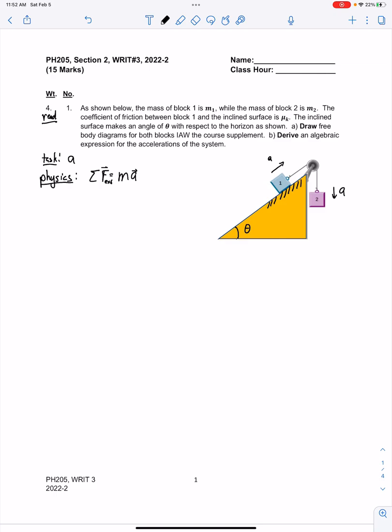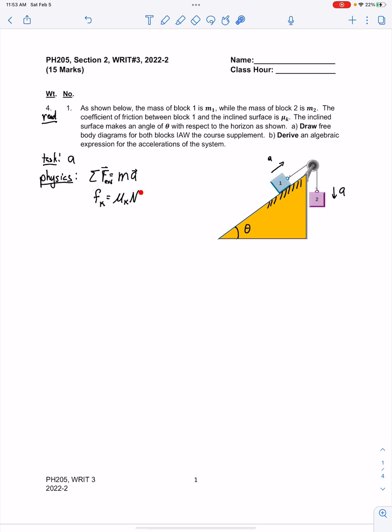This is going to be, it's moving. They gave us a kinetic coefficient of friction, so we've got our kinetic friction equation. It's our fun equation that the force of friction is equal to mu k times N. And I do want to point out really quick that even though this is a force, it's a vector, we're not denoting the vector information here because the direction is not the same.